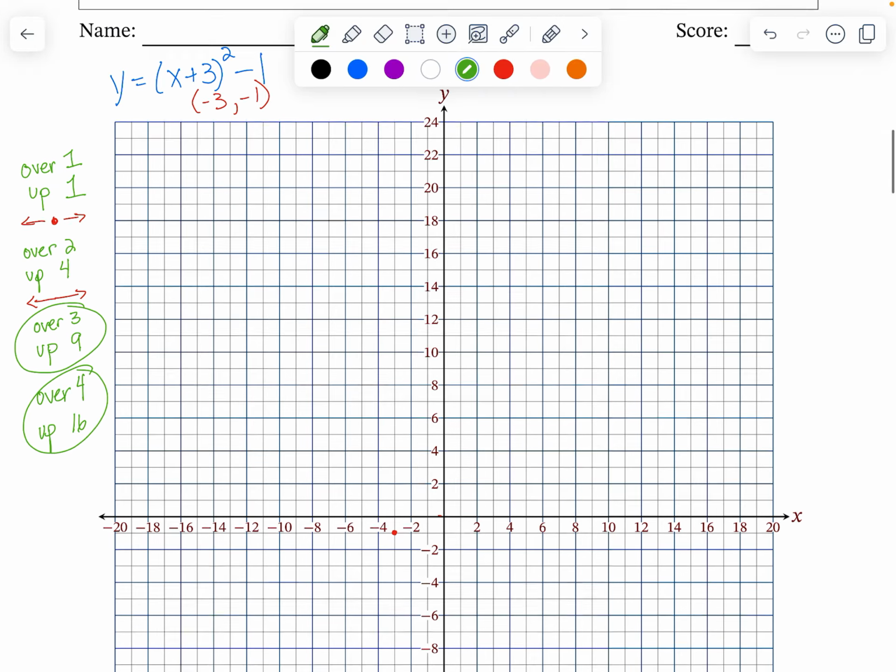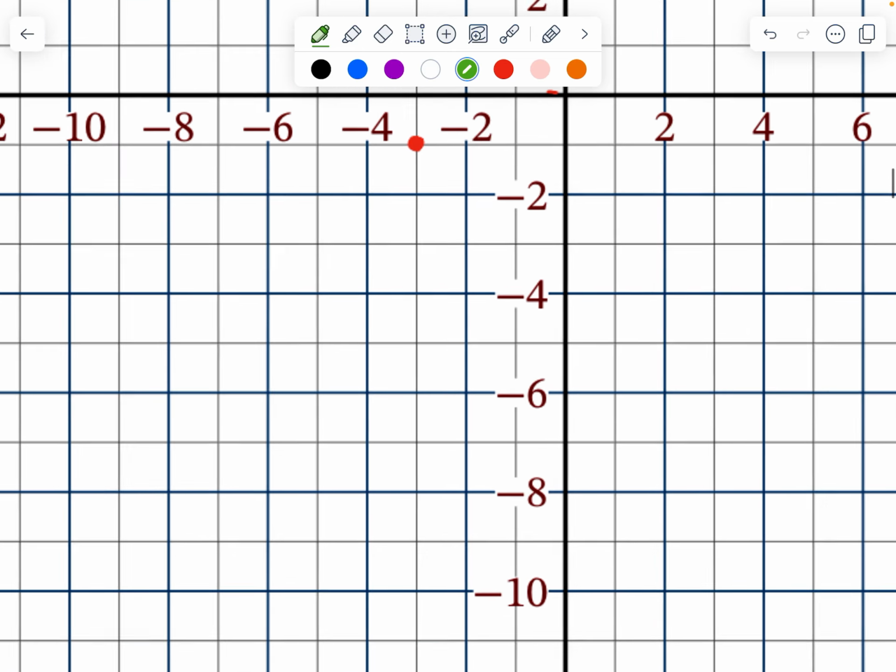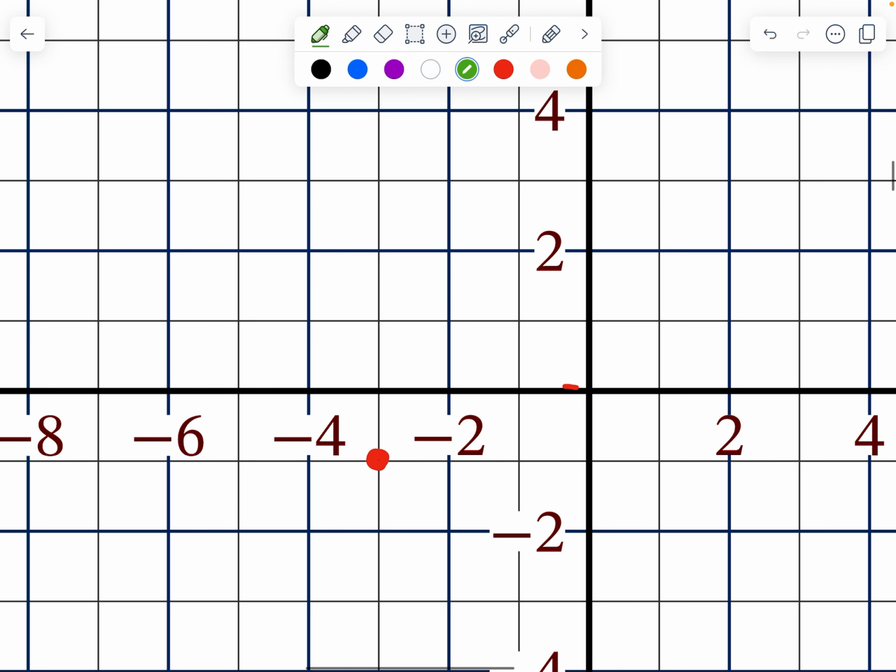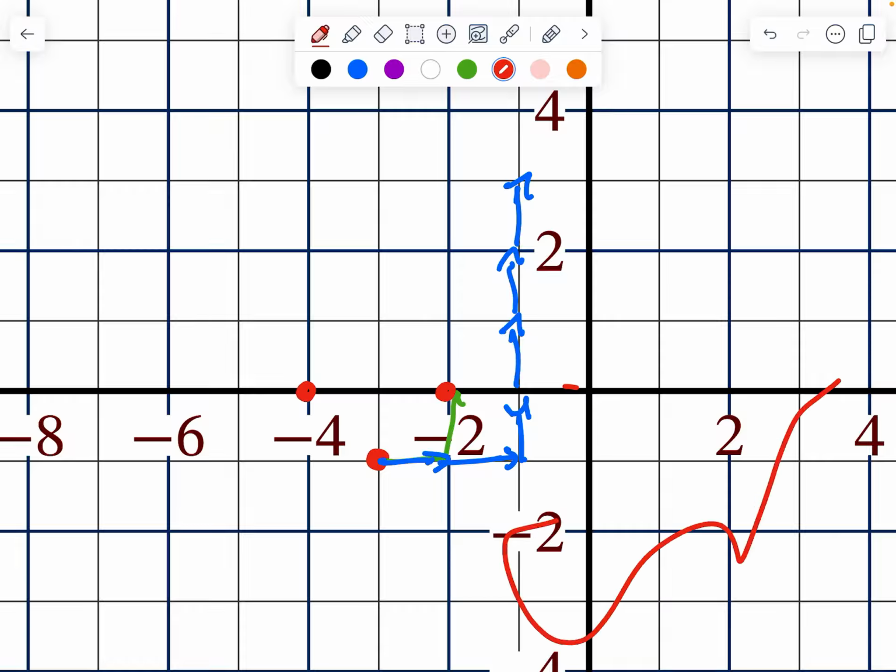So that's how we're going to get those. Start here. From the vertex, over 1, up 1. And same thing on the other side. Over 2, up 4. Notice I start at the vertex, and I'm not even paying attention to all the other numbers. I'm just counting spaces.